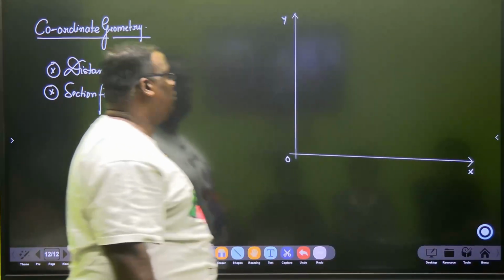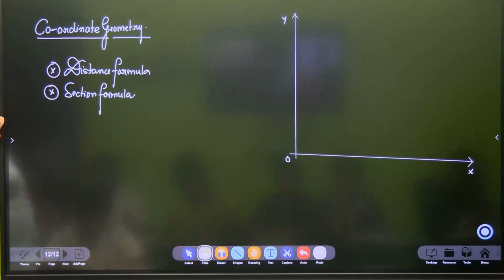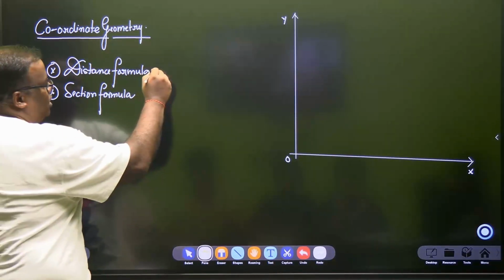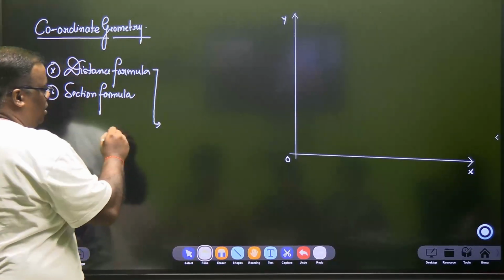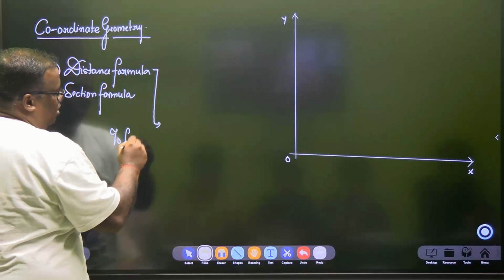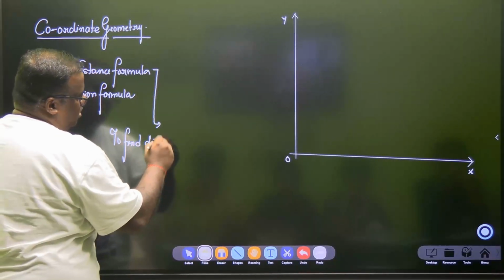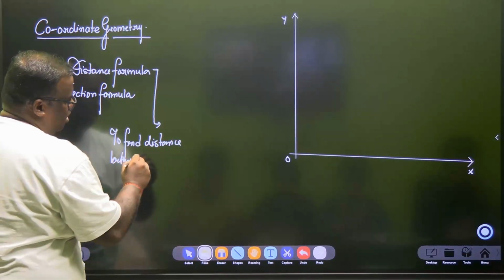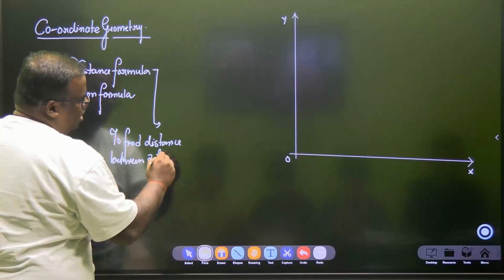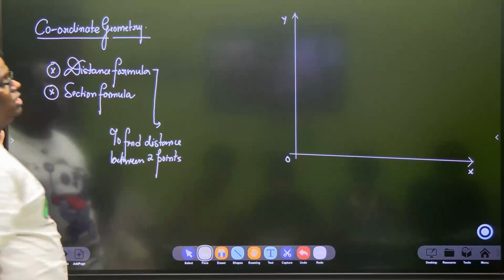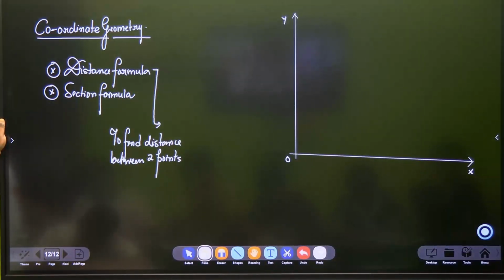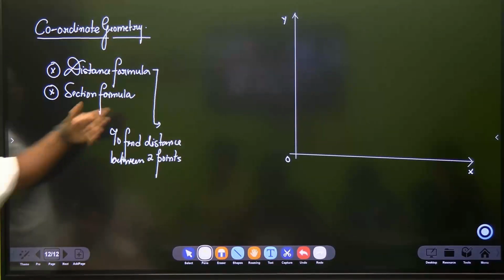The first part of the chapter deals with the distance formula, where our job will be to find the distance between 2 points, and these 2 points will be on the Cartesian plane, that is the xy plane. So the points will be out there. In order to explain, I am first taking it only on the first quadrant. The points can be on any of the 4 quadrants.